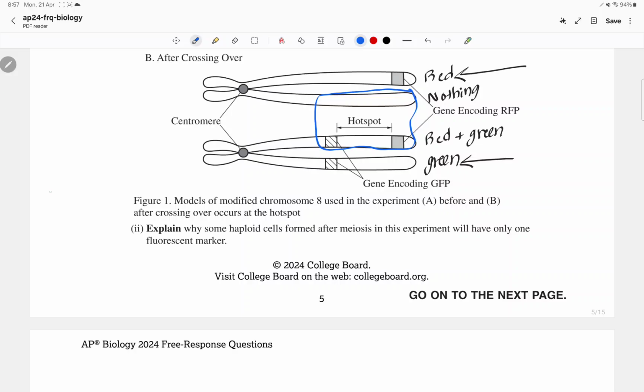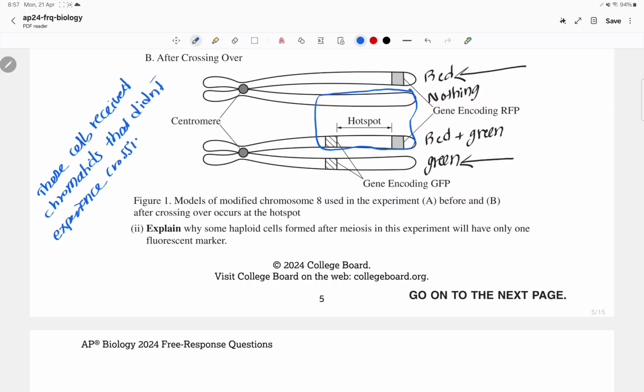Okay, so we're going to say that these cells received chromatids that did not experience crossing over. So the chromatid either emits green or emits red.